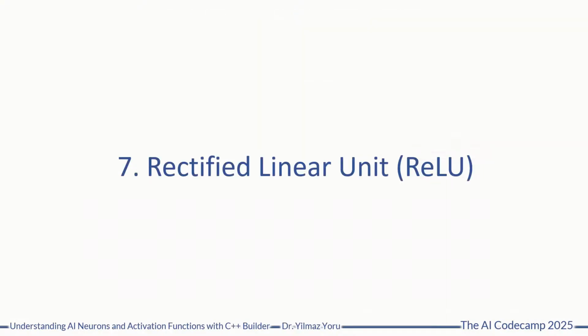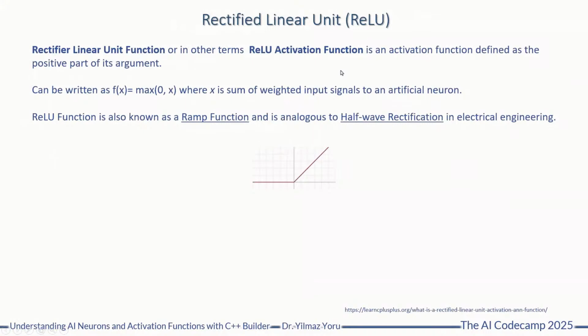And the other one is the rectified linear unit function. It's the ReLU activation function, defined as the positive part of its argument. It can be written as f(x) is equal to max(0, x), where x is the sum of weighted input signals, which means it's a net input value in an artificial neuron.